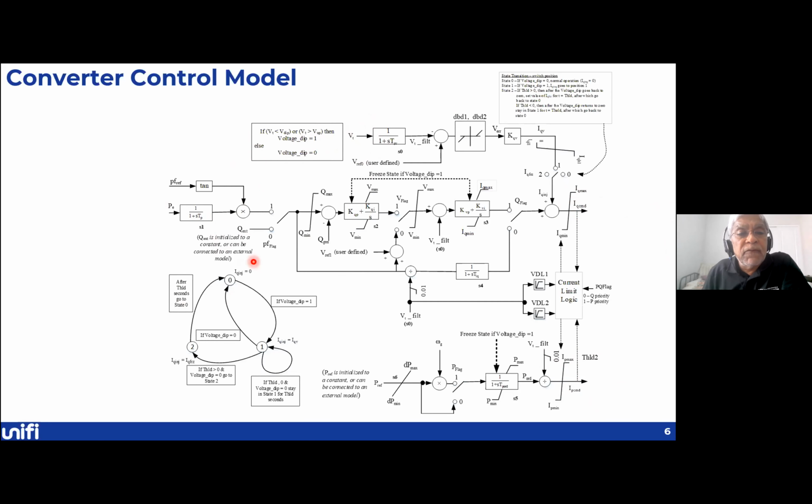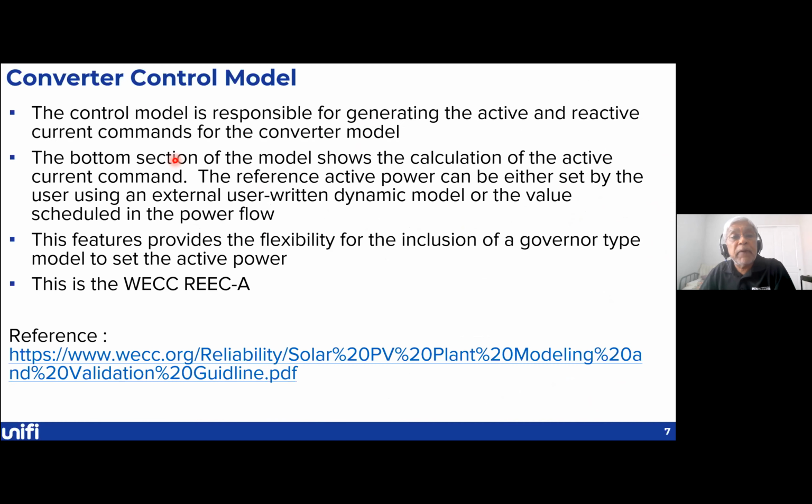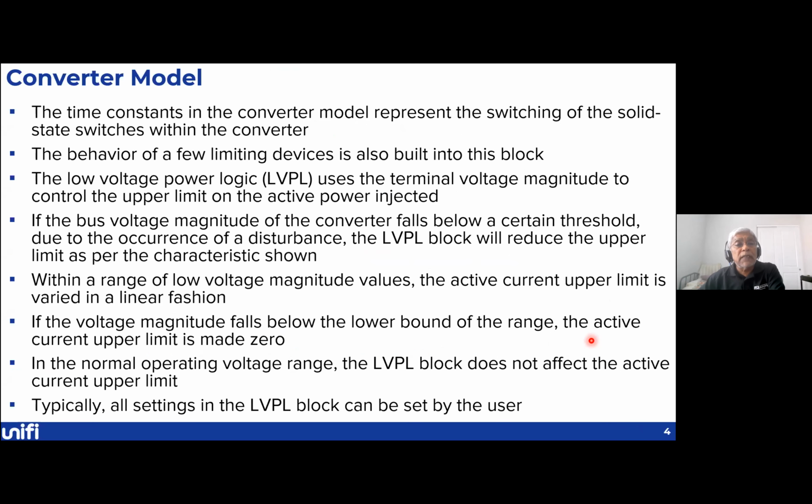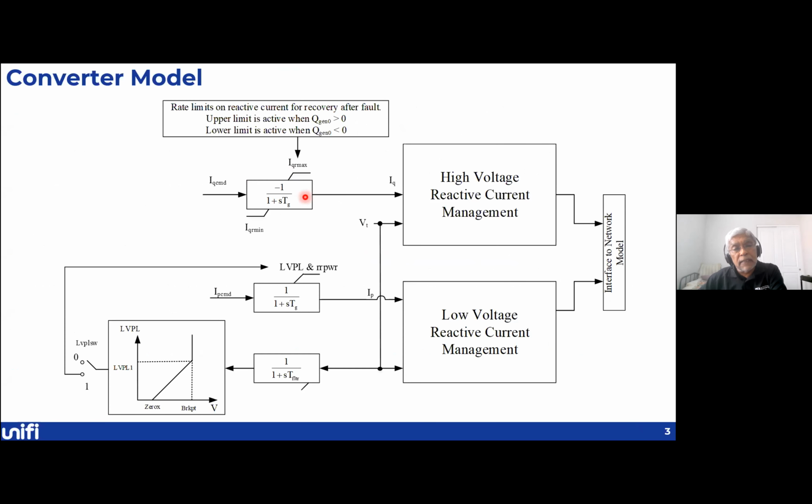And I'll show you in a few minutes, there are three options where you can give different specifications for the reactive power side. So the control model is responsible for generating the active and reactive current commands for the converter model. So what I showed you in this slide, IP command and IQ command, is what is fed into this converter block.